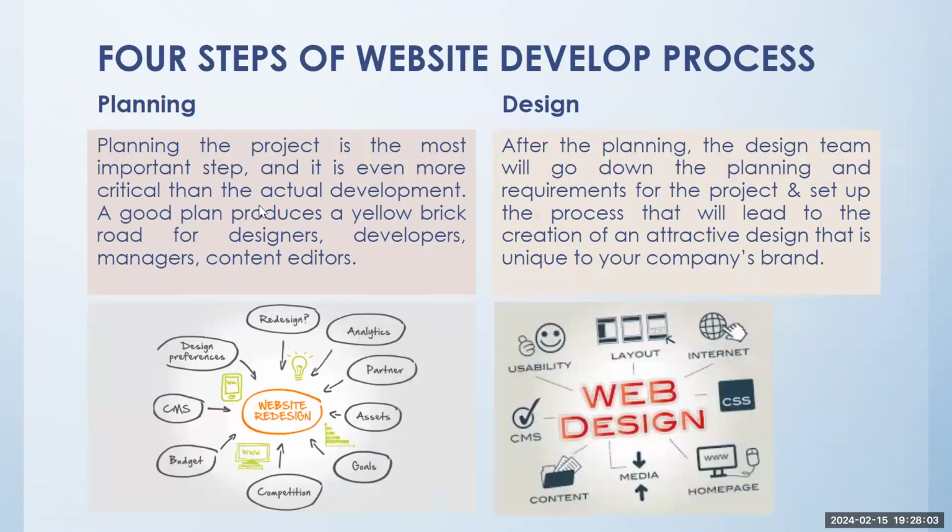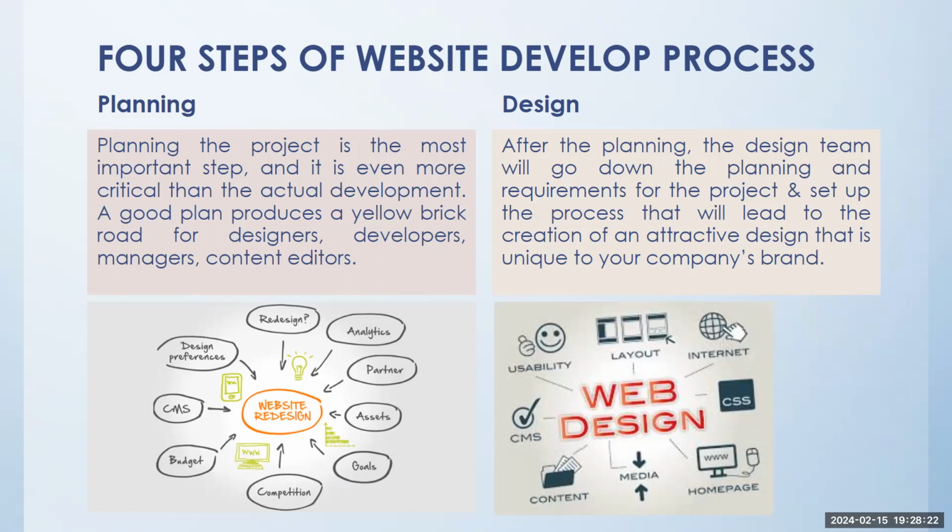They are telling how we are going to transfer our plan into design. In planning, they have shown that we are just drawing, sketching our website. After that, in designing, we improve it using the technologies.